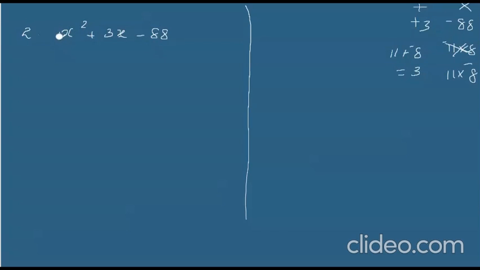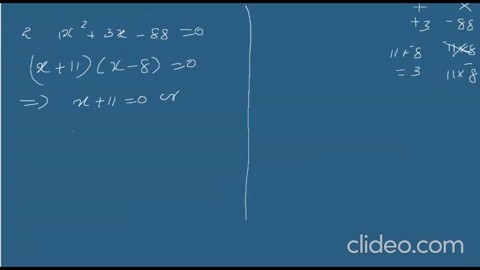So I have told you that if the coefficient of x square is 1, you can directly write the answer. Here the answer will be x plus 11 into, remember this is negative 8, x minus 8 is equal to 0. Since it's an equation, put equal to 0. So this implies either x plus 11 is equal to 0 or x minus 8 is equal to 0.